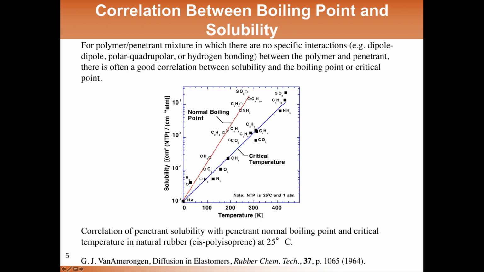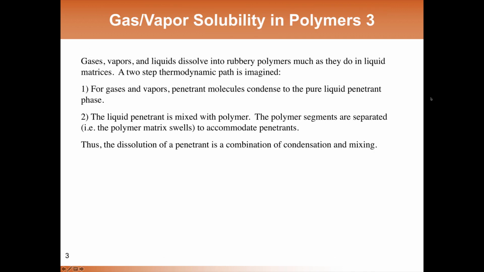And as the boiling point increases, the solubility goes up. And this is a logarithmic scale for solubility. So solubility goes up exponentially as the boiling point of the solvent goes up. And the way you want to think about this is that as the boiling point of the penetrant increases, that reflects stronger and stronger interactions between the gas with itself, and that then correlates well with higher and higher enthalpies of vaporization.